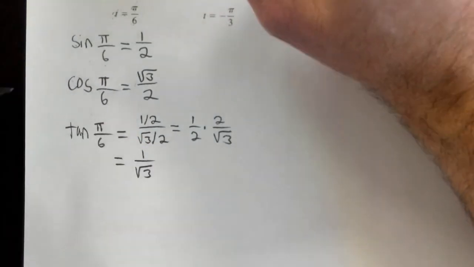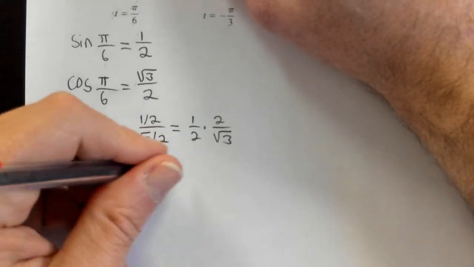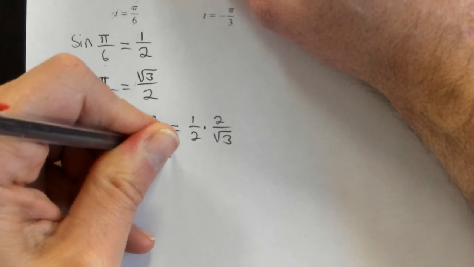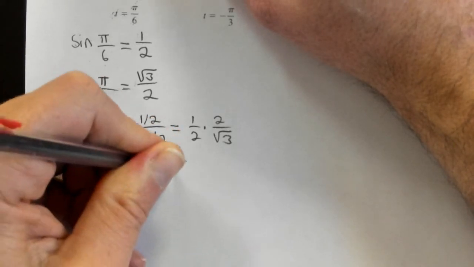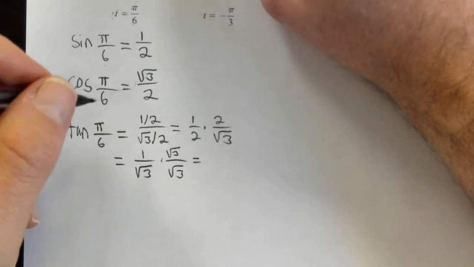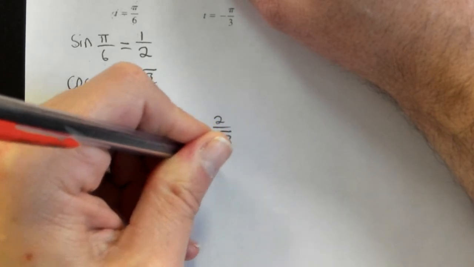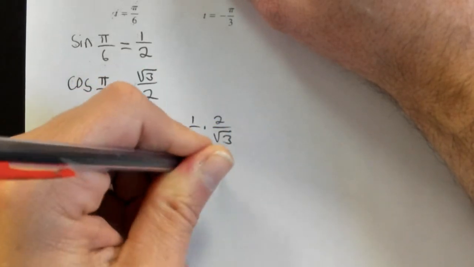Okay, but remember, we don't want to leave a square root in the denominator. We want to rationalize the denominator by multiplying the top and the bottom by square root of 3. Remember, you don't want to leave any square roots in the denominator. It's considered unsimplified. And so when we multiply the top, we've got square root of 3, and square root of 3 times 3 is 3.